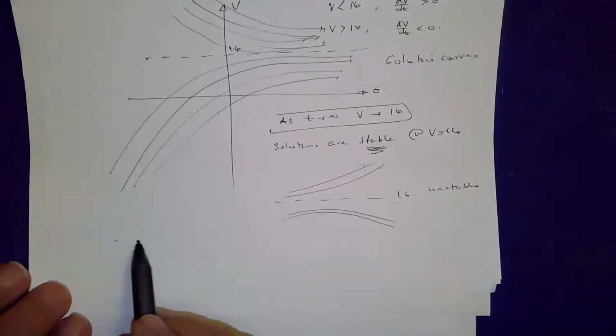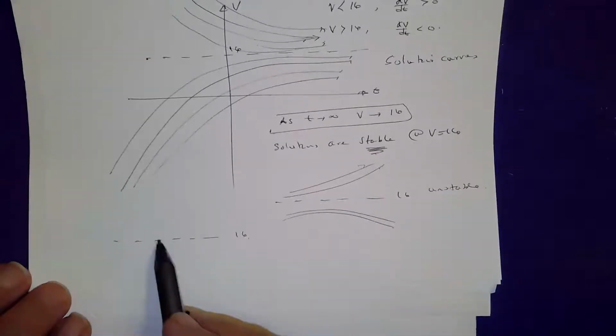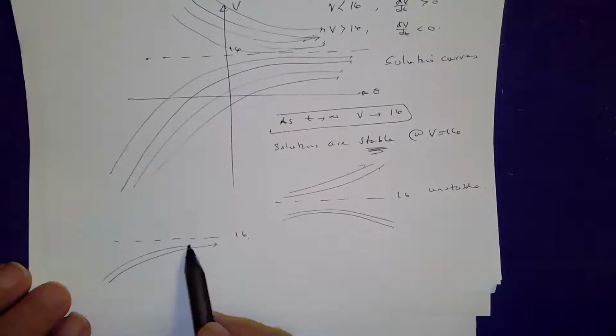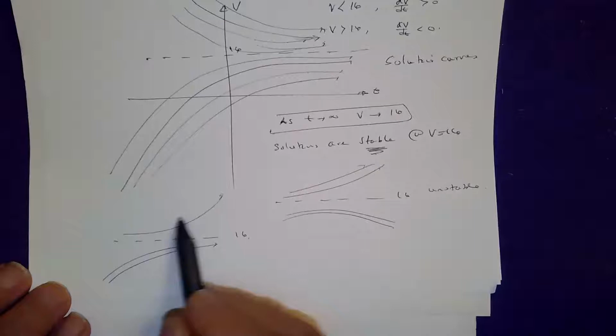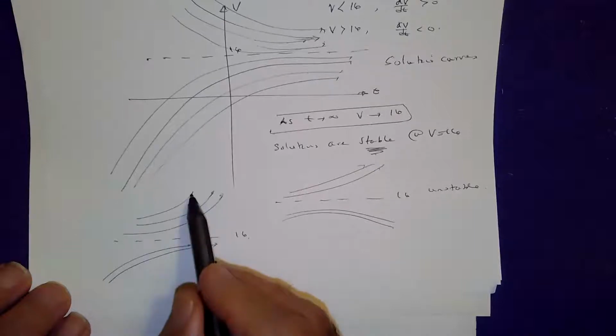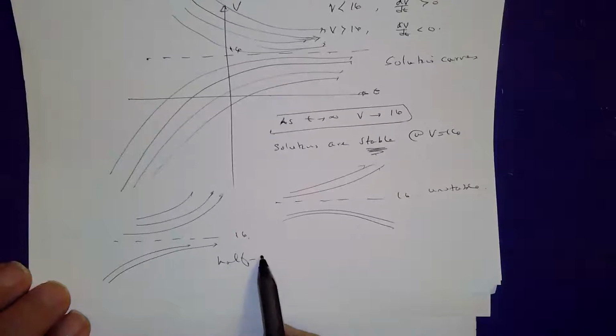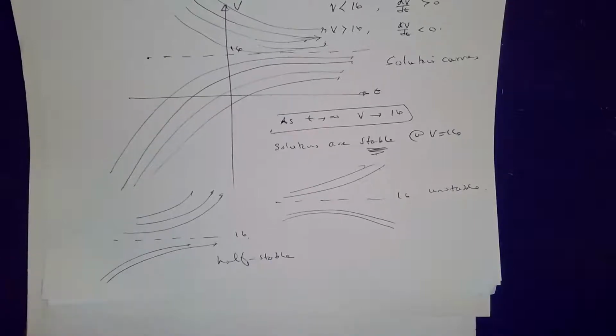On the other hand, if you had the equilibrium point at 16, and right here they would get close to 16, but up here they would go away from 16. This is called what? Half stable. Half stable, okay? So it's neither stable nor unstable, it's half.